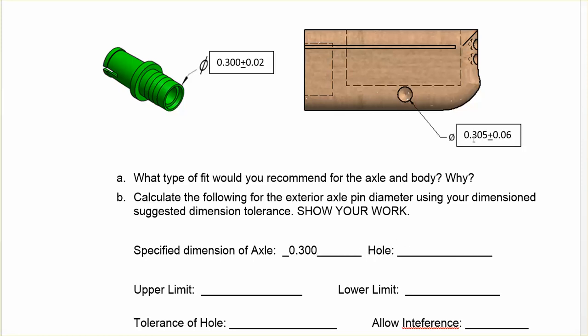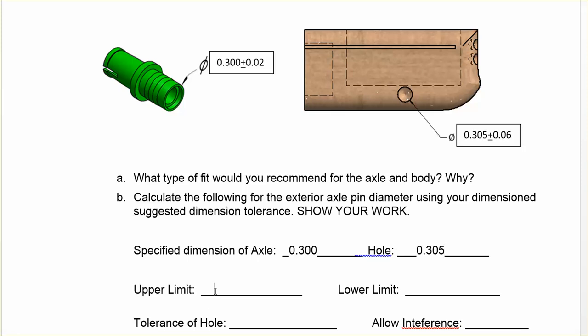Now for the hole, what's the specified dimension for the hole? 0.305. This over here is the variance, all right? The 0.06 and the 0.02, that's the variance.